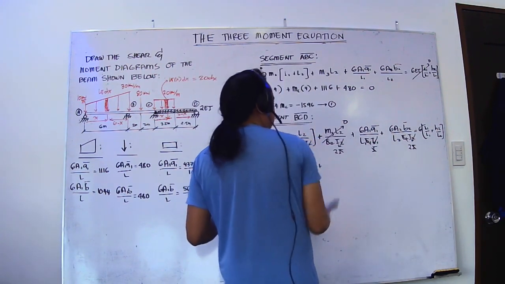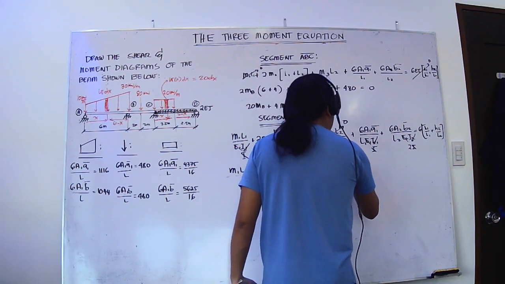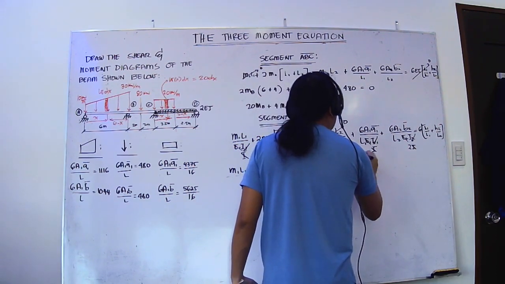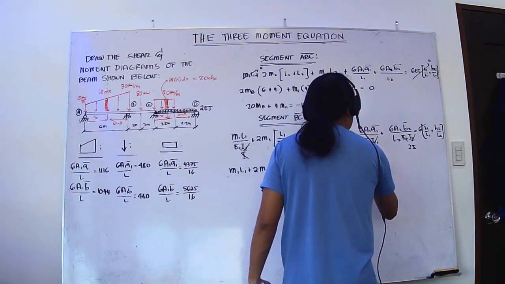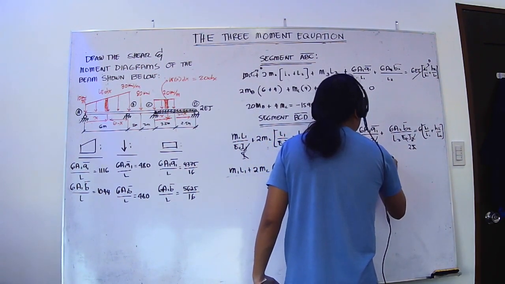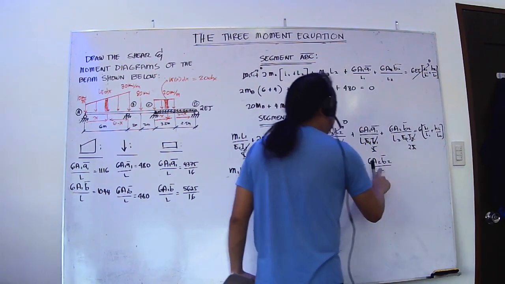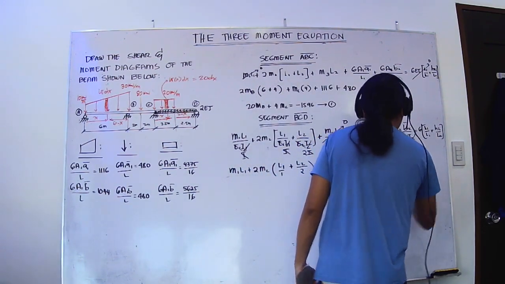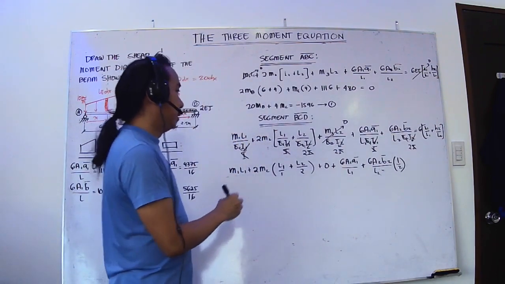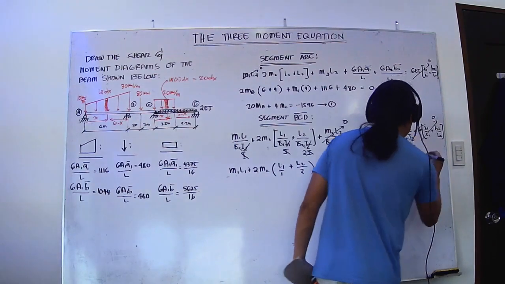Here, M3 becomes 0, plus 6A1 a1 over L1 plus 6A2 b2 over L2. It is divided by 2, so multiply by 1/2. This would be 0 already. Okay? So that is equal to 0.